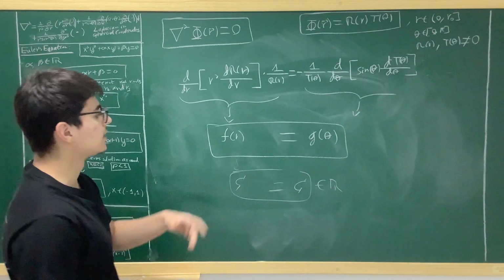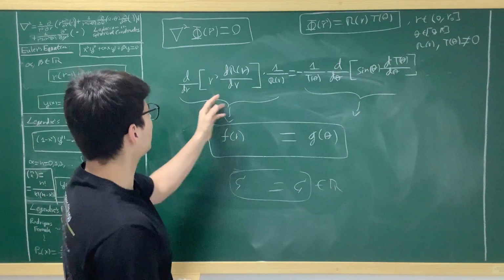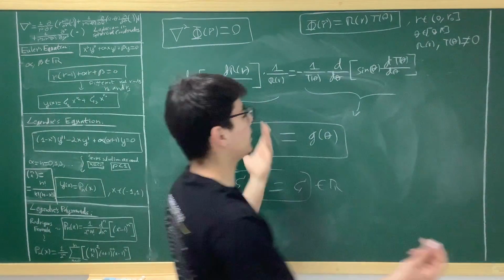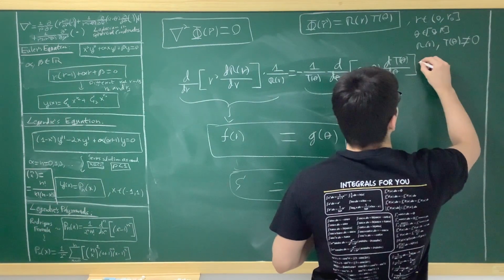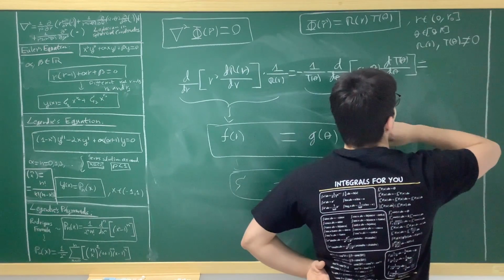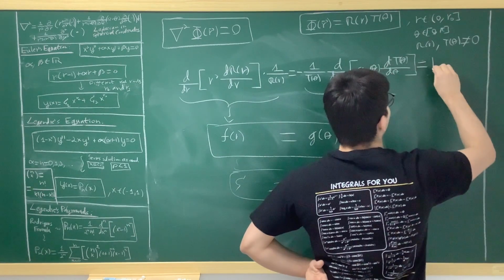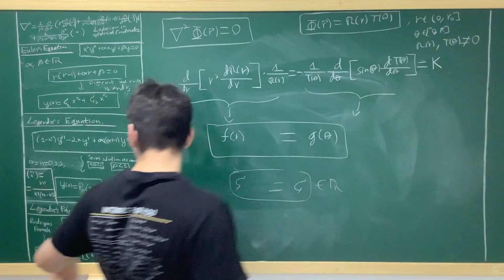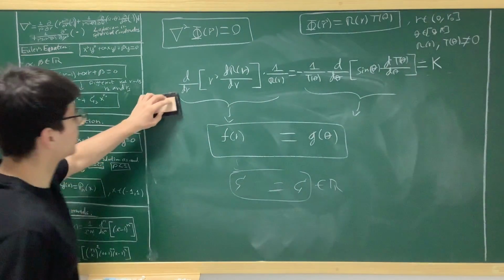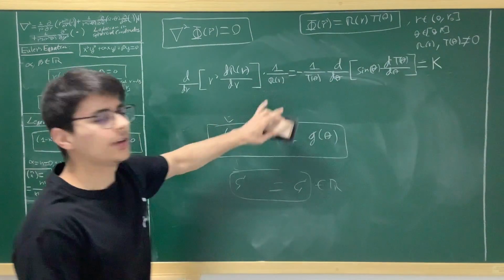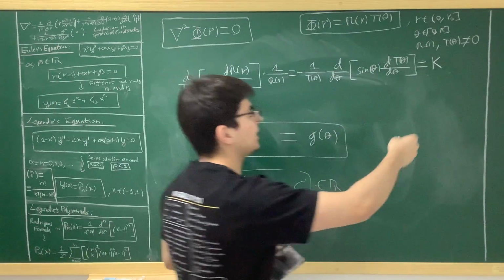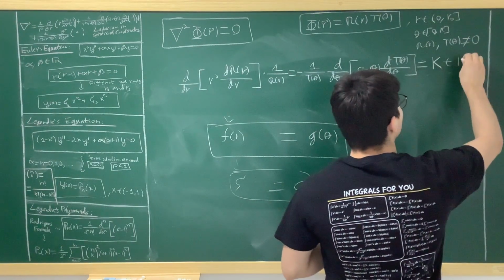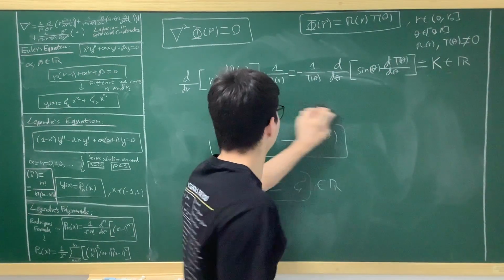This is what happens. So we can just write, well, if this is equal to this and they both equal a constant, let me just call this K instead of C. So that's what we get. This can only happen if they're equal to a constant K, which belongs in the real numbers.